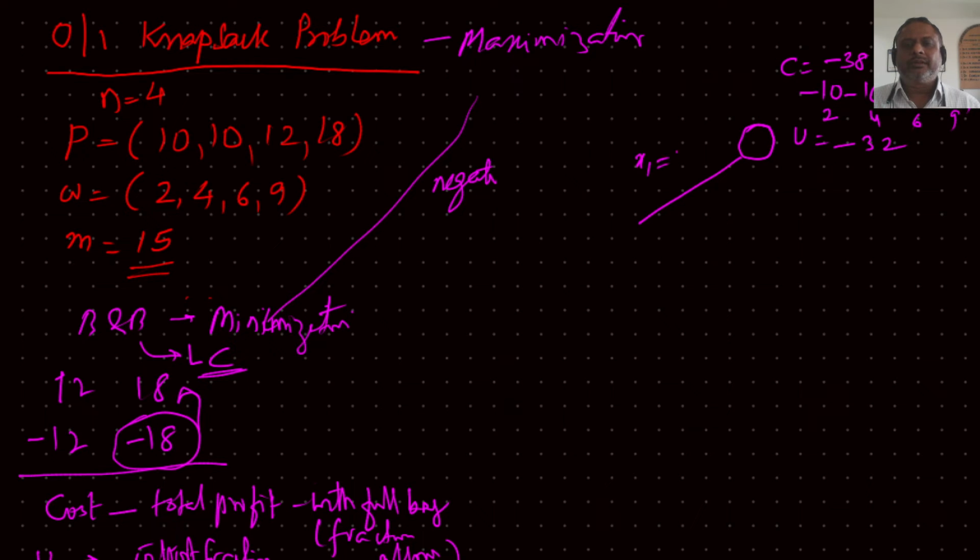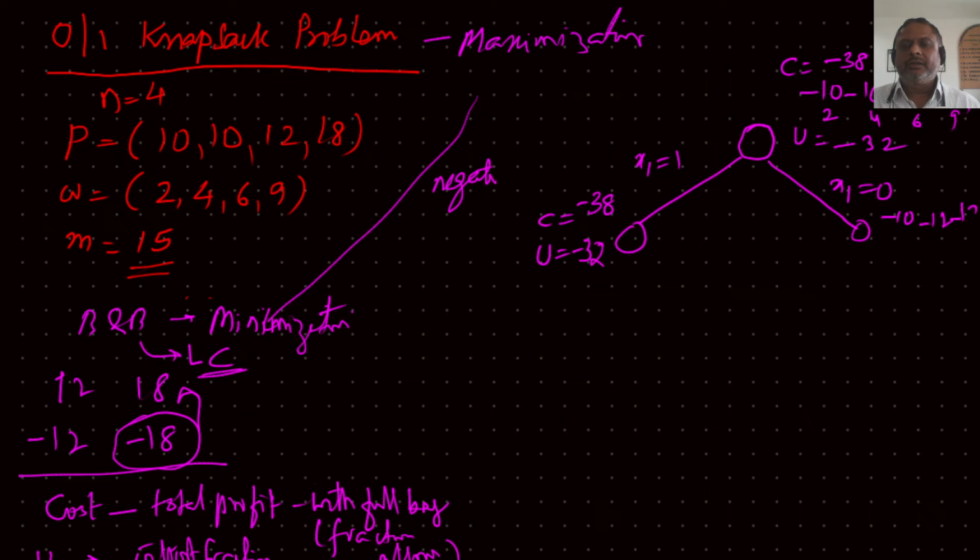So let's see what happens if x1, the first item, is used or not used. If it is used, we don't find any change, because in the first case we have assumed that it is used. If you don't use the first item, then we are left with the second, third and fourth. The second item gives 10, the third item gives 12, and these two together take 10 units of weight. So we are left with 5.